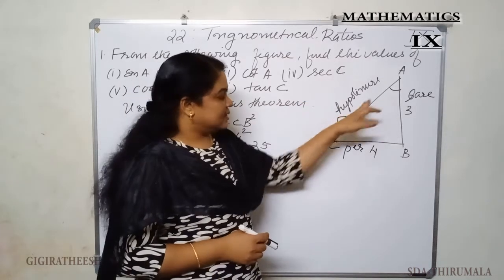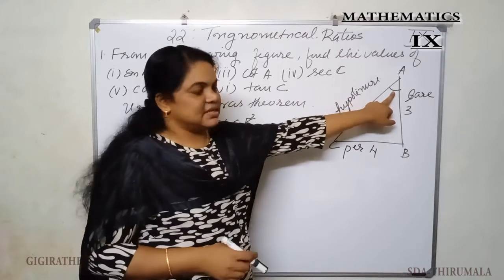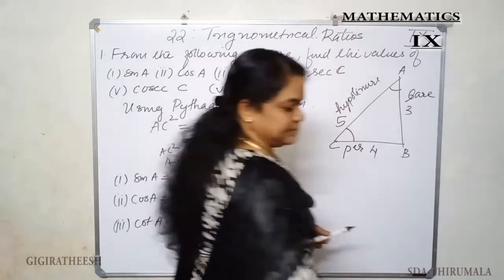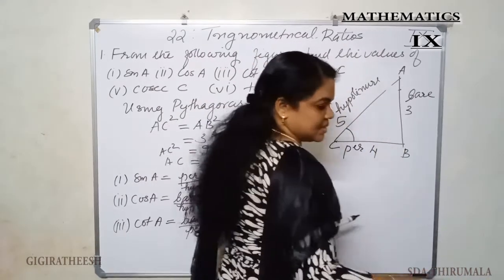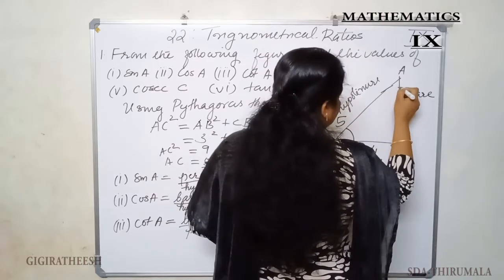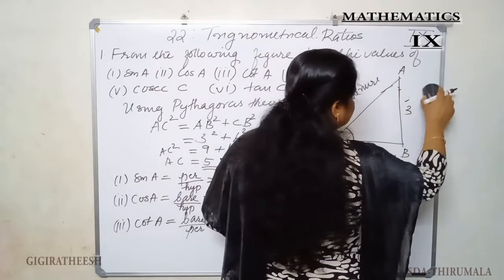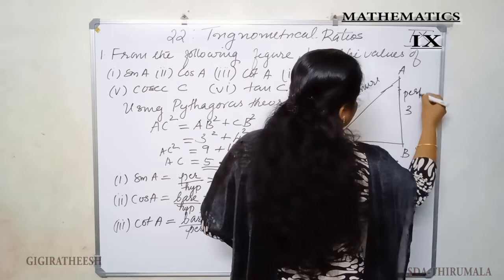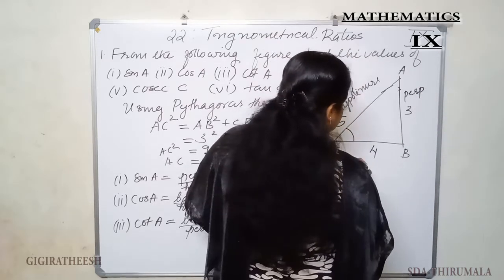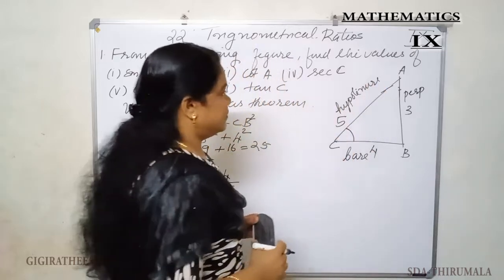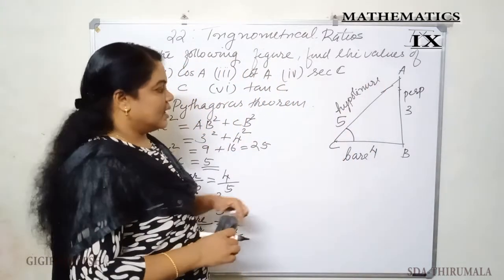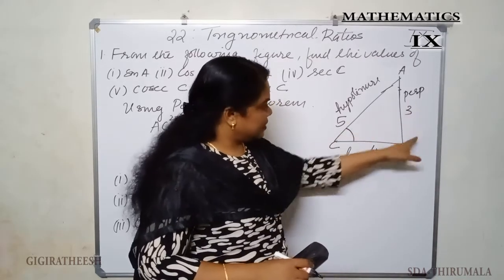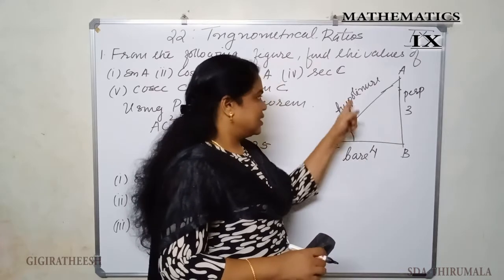In the first case the reference angle is A, and for the fourth question the reference angle is C. If C is the reference angle, the side opposite to the reference angle is the perpendicular, the adjacent side is the base, and AC is the hypotenuse.